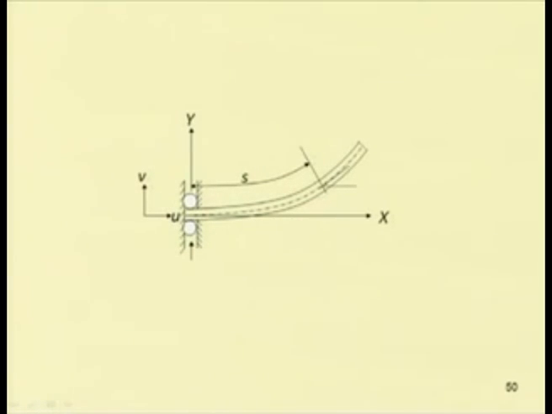In this case we have to derive the equation of motion for this cantilever beam, a large cantilever beam, which is subjected to a periodic force y equal to y0 sin or cos omega t. So, let it be y0 cos omega t.